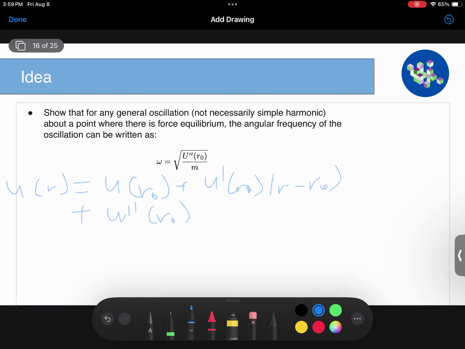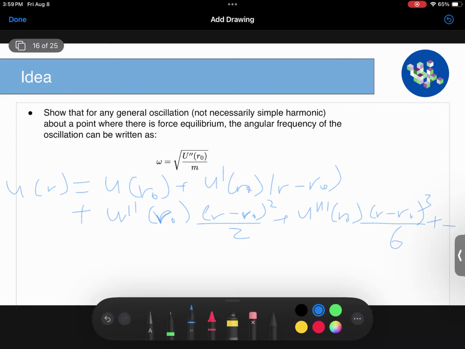By the way, double prime just means I'm taking the second derivative with respect to R. It goes to infinity.